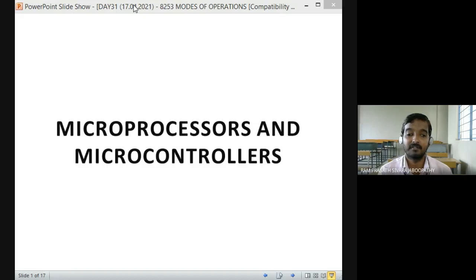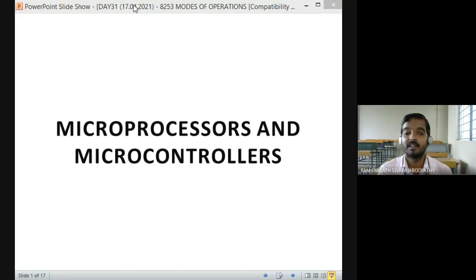If the value of A1 and A0 is 1, 1, what does it mean? 0, 0 is counter 0, 0, 1 is counter 1, 1, 0 is counter 2. If it is 1, 1, what does it mean? Yes, control word register, it is not illegal. I am asking about the purpose of A1 and A0. Some of you are considering the control word.